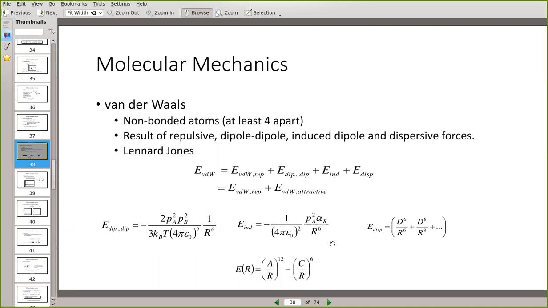It'll match theory quite well. So here is the form of a Lennard-Jones. This is a Lennard-Jones potential. And we use this for van der Waals. And here, it has an attractive part. If you've got 2 atoms that are just floating around, there will be some attraction to each other. And that's how we can, for instance, liquefy noble gases, because there's an attractive component of van der Waals.